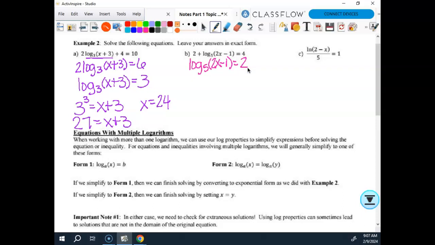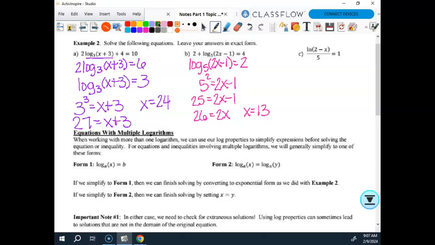So now see if you can rewrite it and solve for x. Okay. 13? Yes? Good deal.